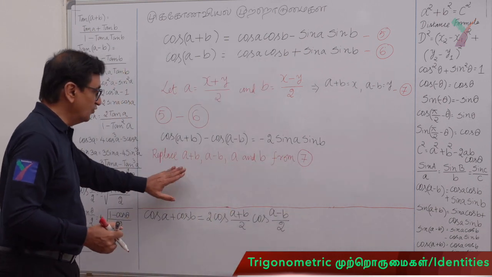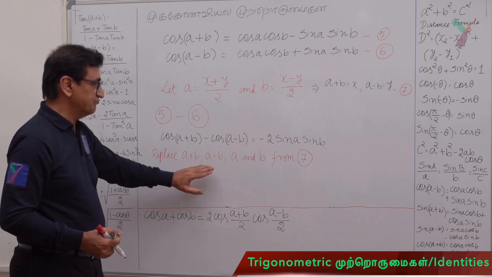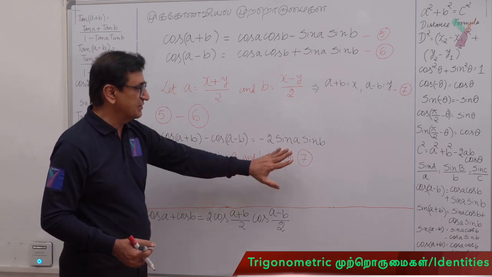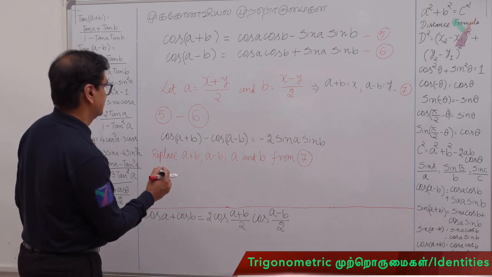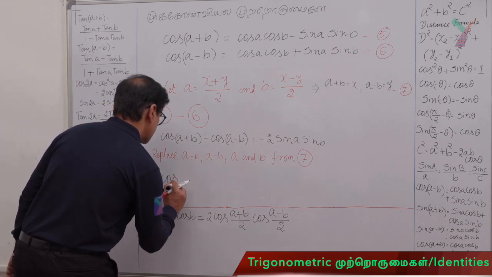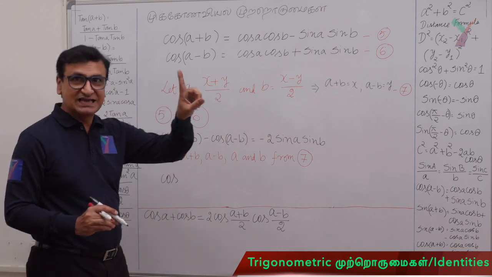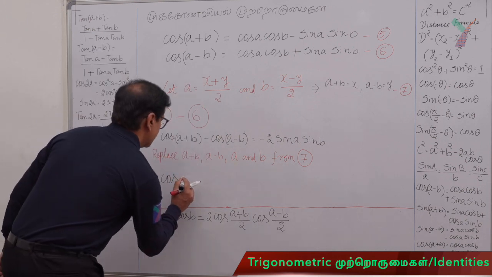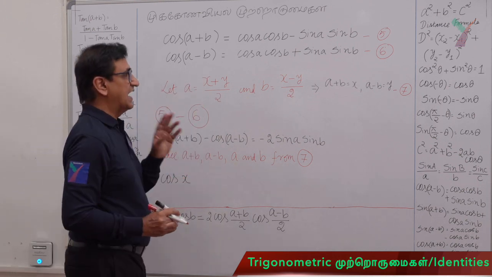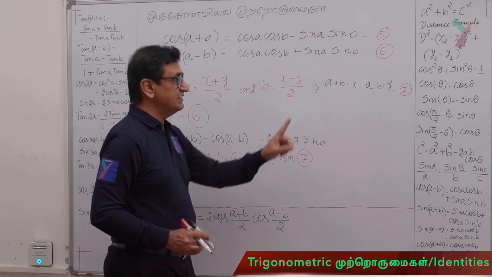Okay, now I'm going to replace a plus b, a minus b, a and b from 7. Let's see what we will get. A plus b is x and a minus b is y.